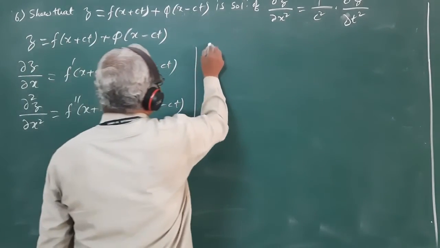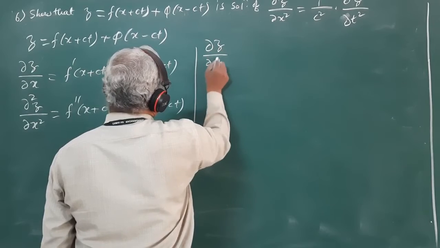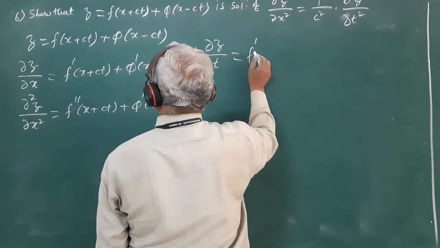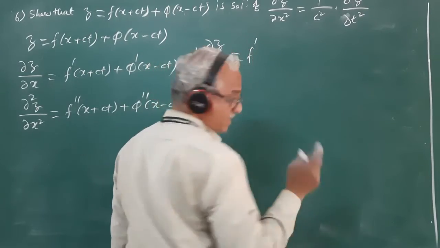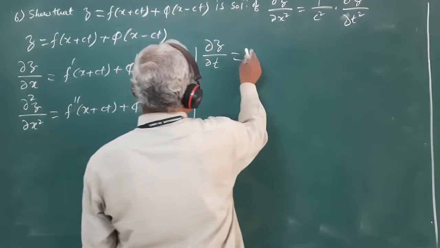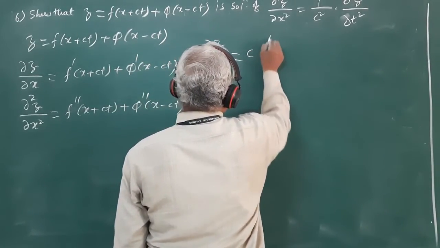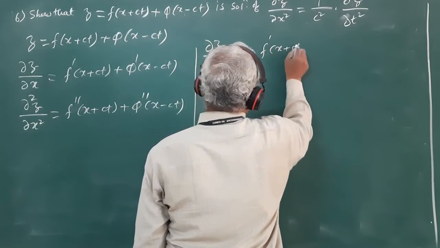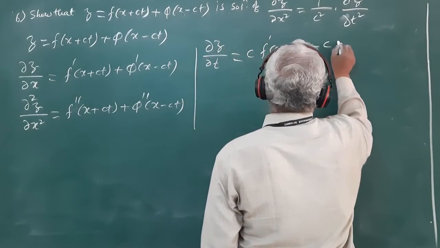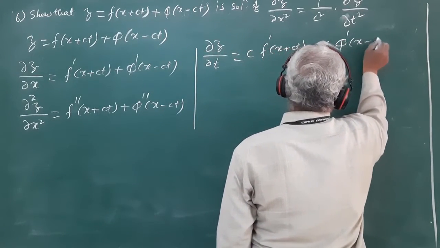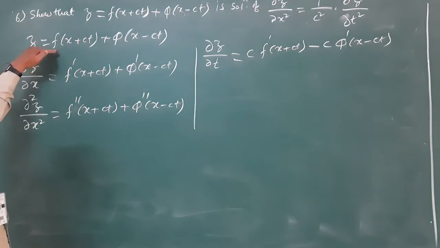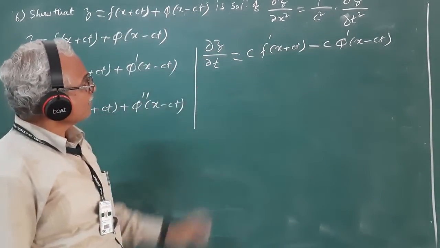We get dou z by dou t to be equal to c into f dash x plus ct minus c phi dash x minus ct. This will be the differentiation of z partially with respect to t.